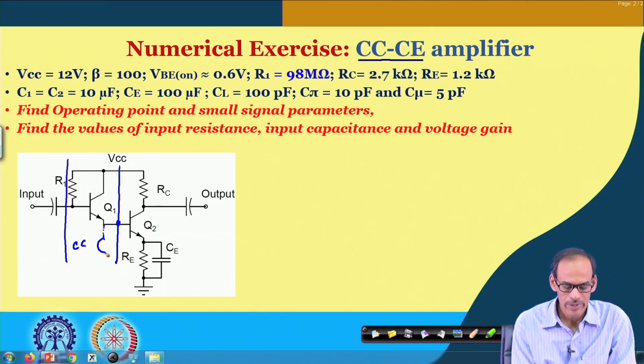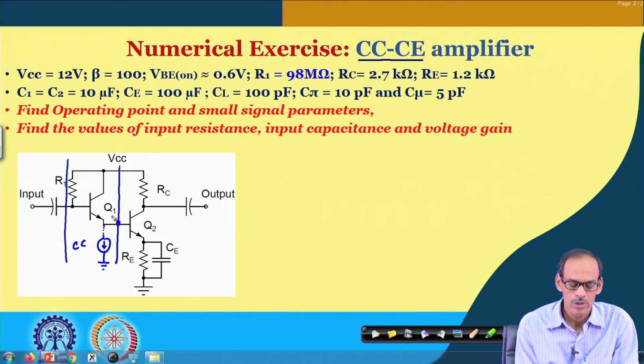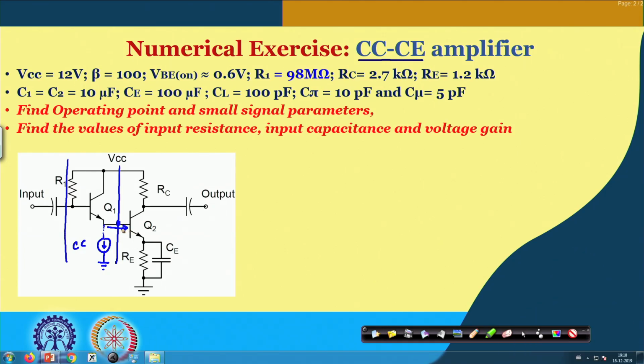Normally we have a current sink here for proper biasing, but here we assume that whatever emitter current we have out of Q1 is entirely consumed by the base terminal of Q2. Hence we may assume that this bias circuit is not required.